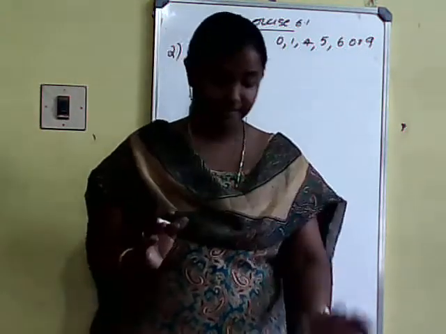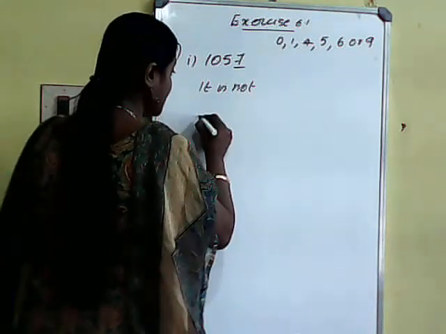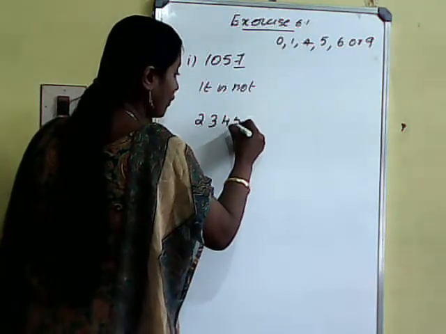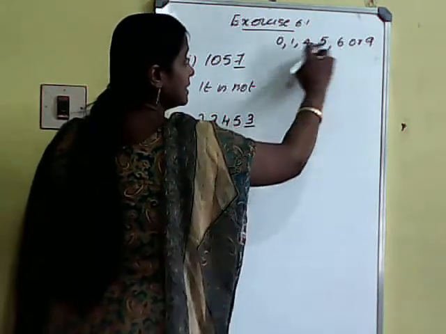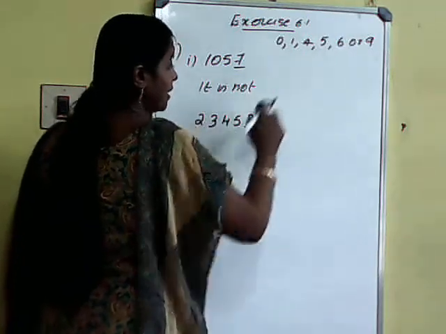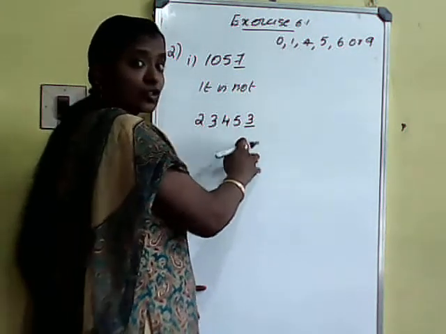Then the next one, 23453. What is its units place? 3. If it ended with one of those digits we could only say it may or may not be a perfect square. It is 3, so what is the reason?